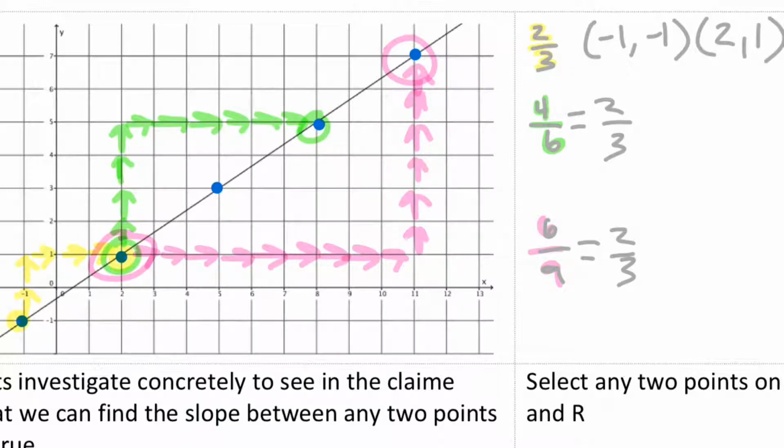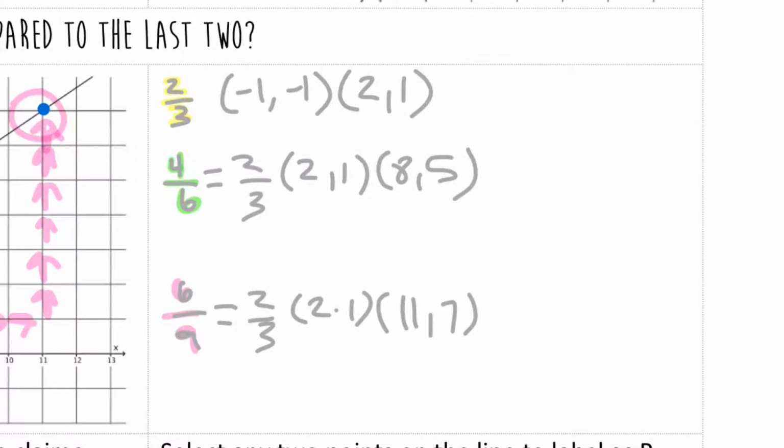For our green points, we used 2, 1 and we used 8 and 5. And for our pink points we used 2, 1, and we used 11 and 7. Okay, so these are the points we're looking at right now.